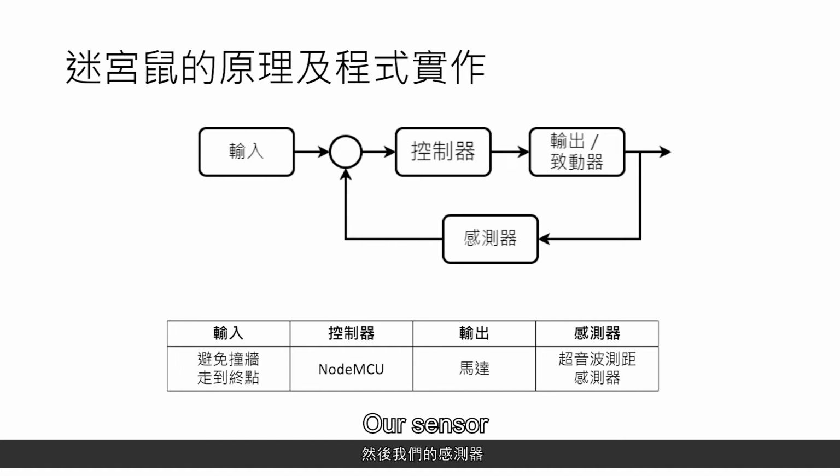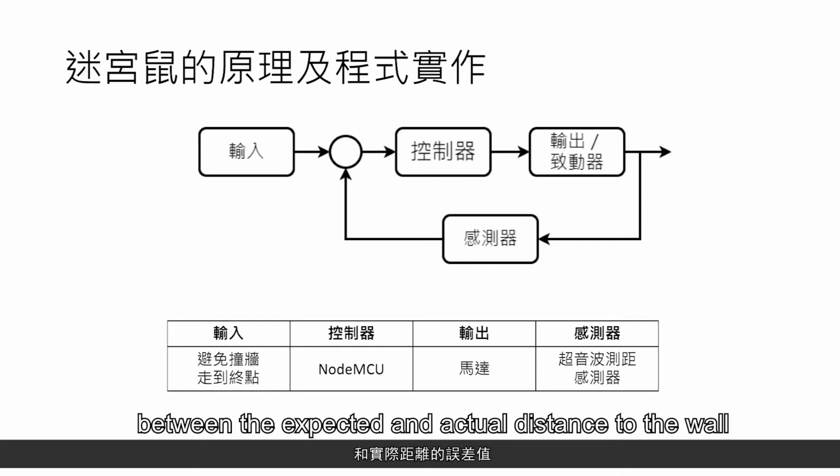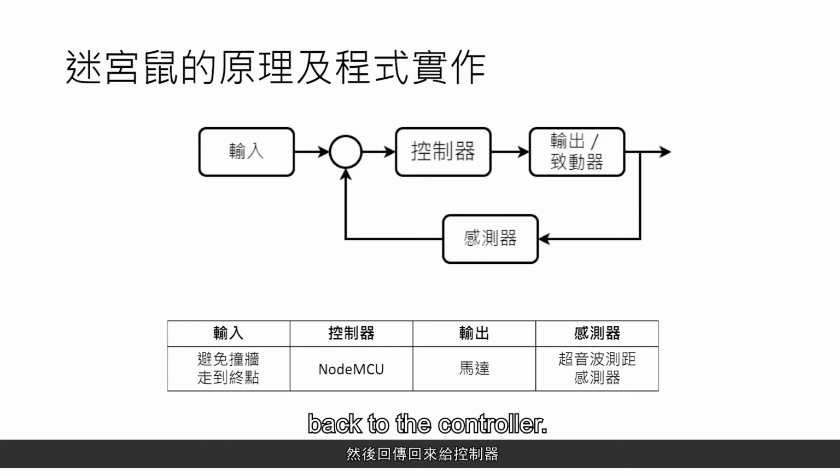Our sensor will measure the distance from the wall and will continuously send feedback of the error value between the expected and actual distance to the wall back to the controller. Then according to this error value, the controller will adjust the two wheels, left and right, so that the vehicle can maintain a fixed distance from the wall.